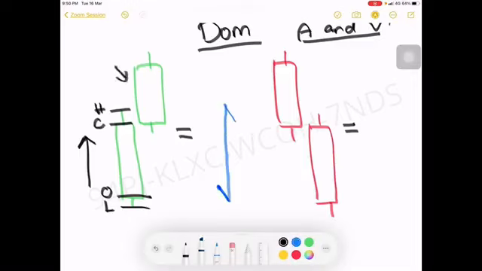It's going to do the same: open, low, high, and then close. A-shaped, so A. So this area is for buy.